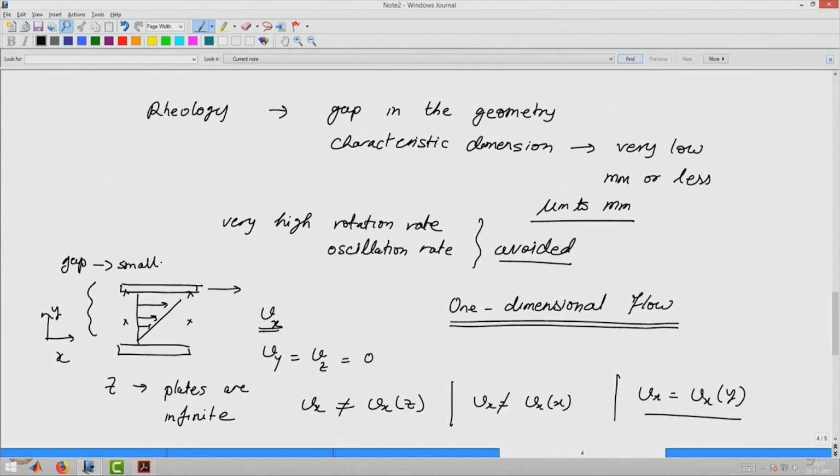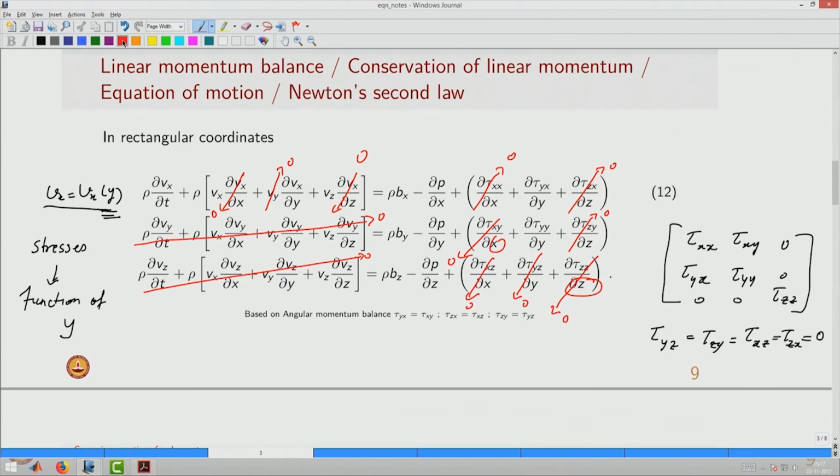Given that there is no flow in y direction, and assuming gravity is in this direction, we can ignore the effect of gravity on flow. The body force is all in the y direction, so this is 0. We do not have any body force in the x direction because gravity is in the negative y direction.